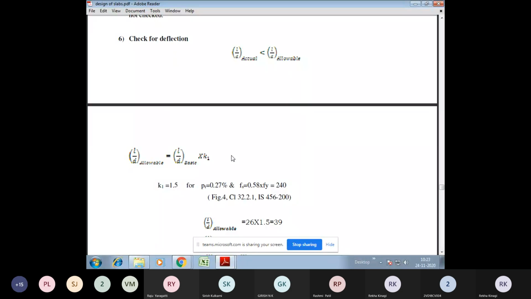Those will not be applicable since we have not designed for compression steel. So K2 and K3 will be equal to 1. So the only modification factor we need to find out is K1, which depending upon the figure, we can find out.